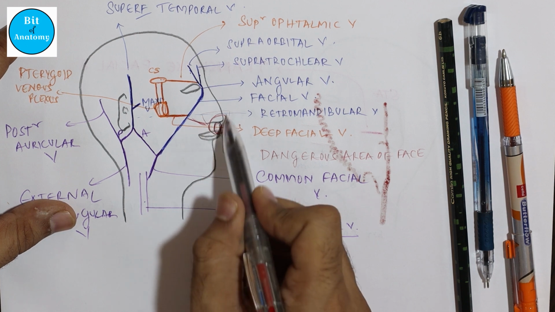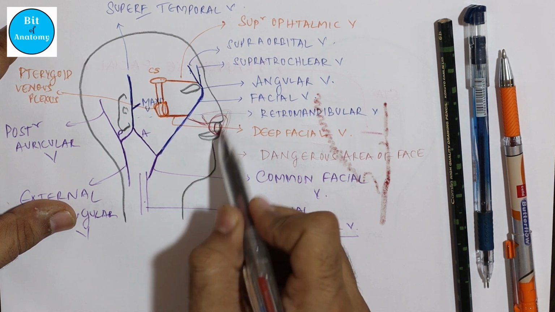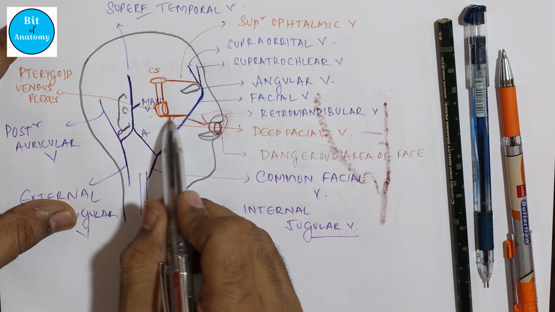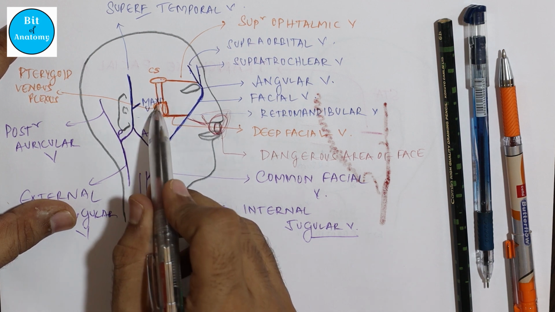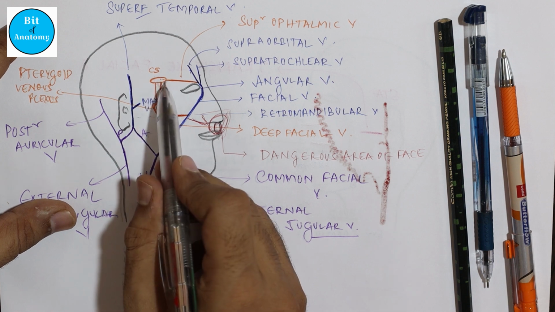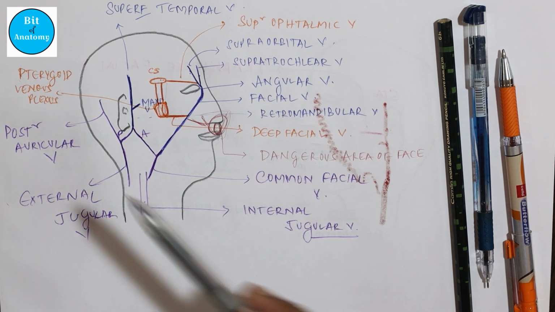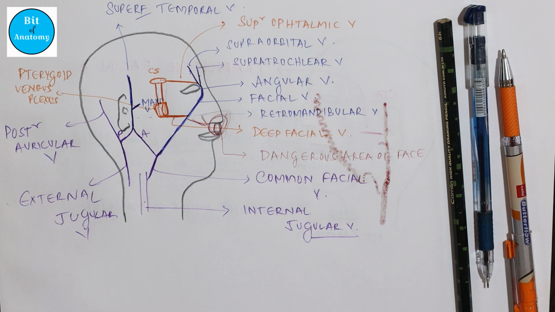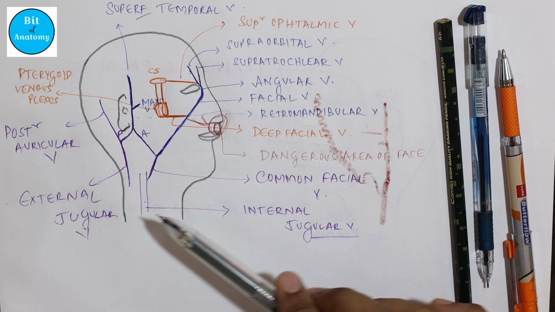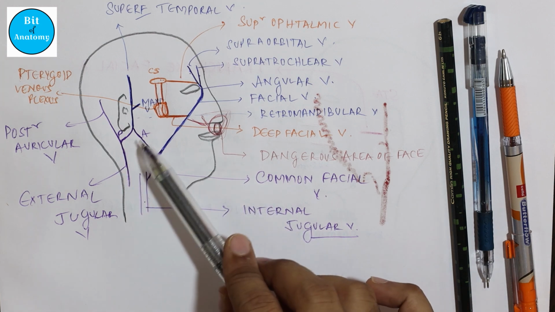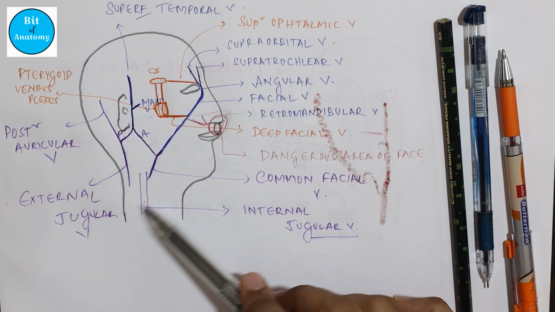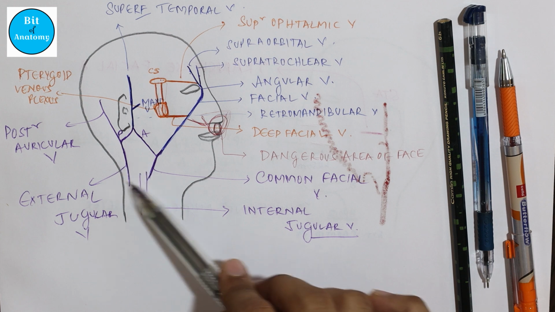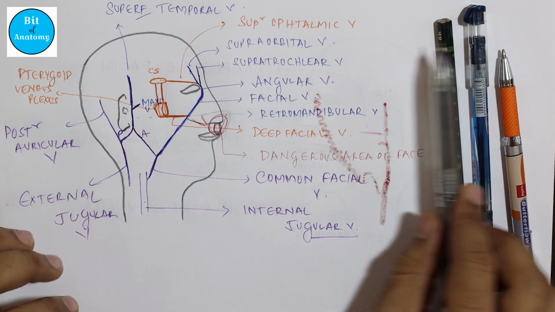Some consider this triangular region as the dangerous area of the face, through which the infection can spread, usually through the deep facial vein, pterygoid venous plexus, and to the cavernous sinus. So this is about the venous drainage of the face: the facial vein, common facial vein, the retromandibular vein and its divisions, which drain into the internal jugular and also help in the formation of the external jugular vein.